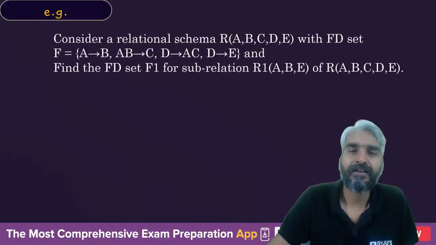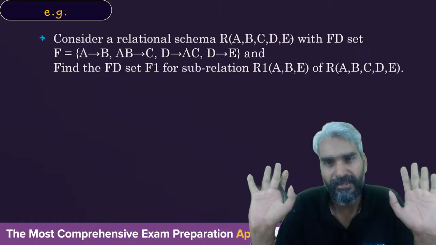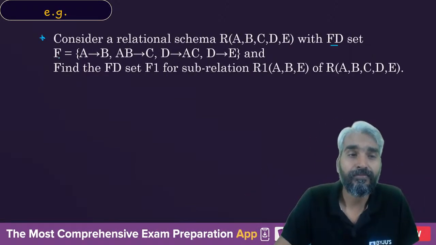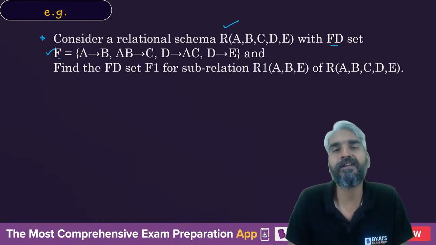Consider a relational schema A, B, C, D, E with FD set F. So this is the given relational schema and this is the FD set of the given relational schema.